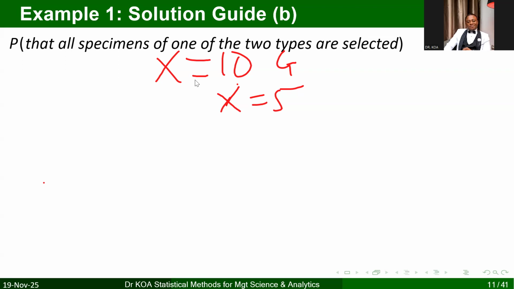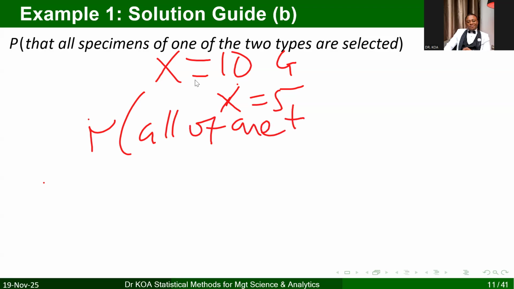The two are mutually exclusive. So this whole question, which is asking for the probability that all specimens of one of the two types are collected, you are looking at the probability of all of one type.